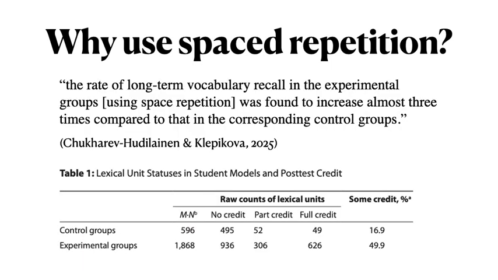So I saw a study recently, it was out of Russia, and they were comparing students using spaced repetition with those who were not. And in the study, they said that the rate of long-term vocabulary recall, meaning remembering those words a long time, in the experimental group, the students using spaced repetition, was found to increase almost 3 times compared to that in the corresponding control group.